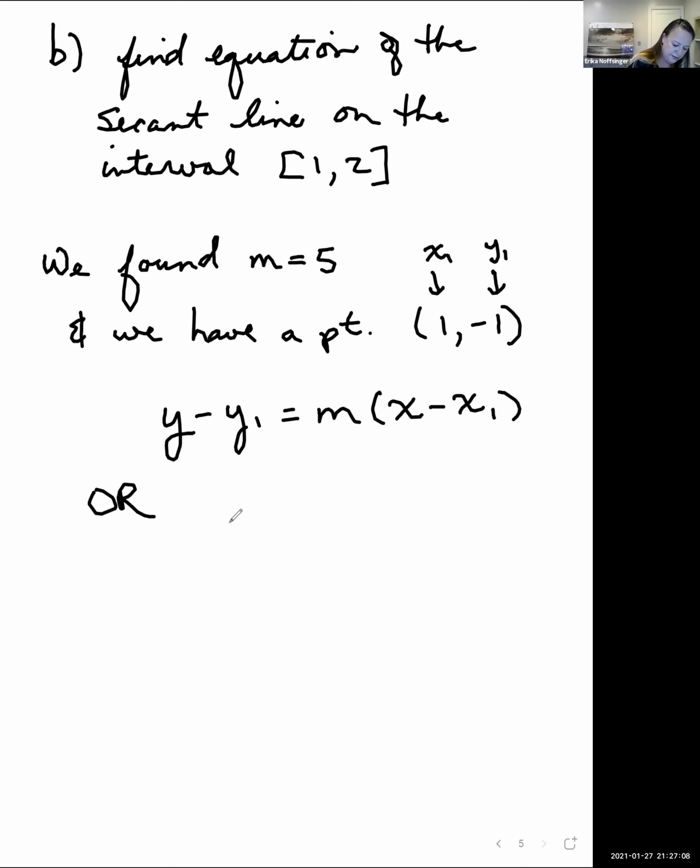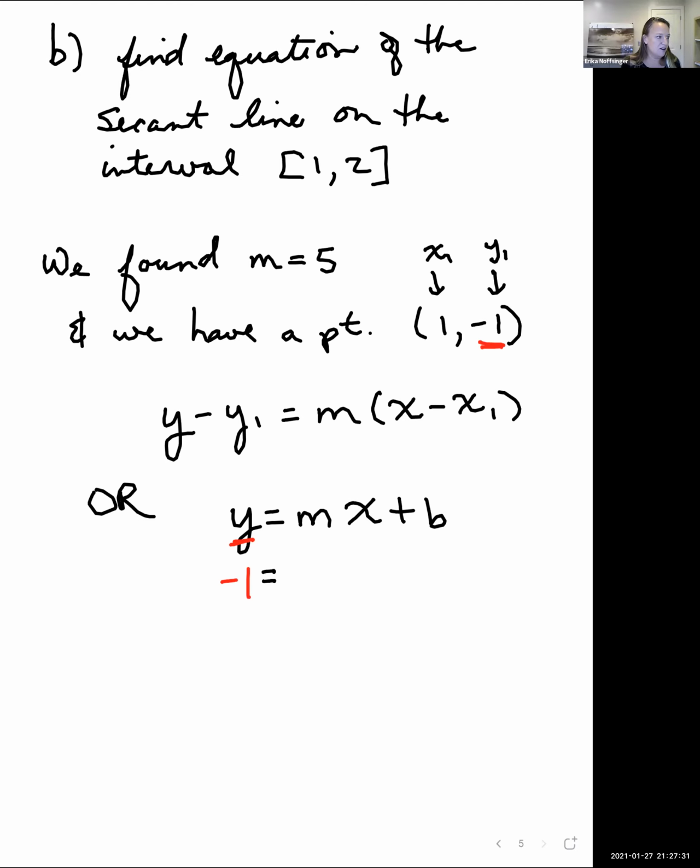Or you can use y equals mx plus b. You can plug in what we know. We know what our y value is. Y is -1. So we have -1 is equal to our slope.